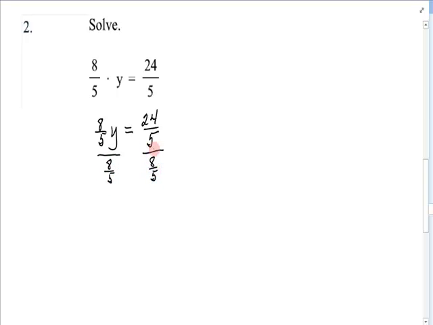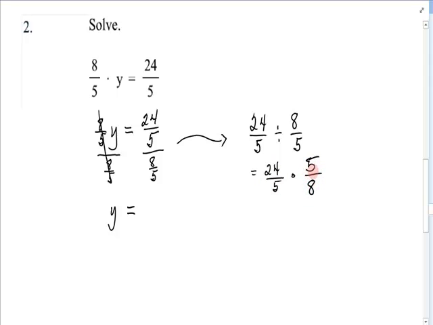We're going to change it in just a minute. 8/5 over 8/5, anything over itself is 1, so that's 1y. And now I'm going to go off to the side, and remember that that is 24/5 divided by 8/5. I'm going to do keep, change, flip, keep 24/5 times 5/8.